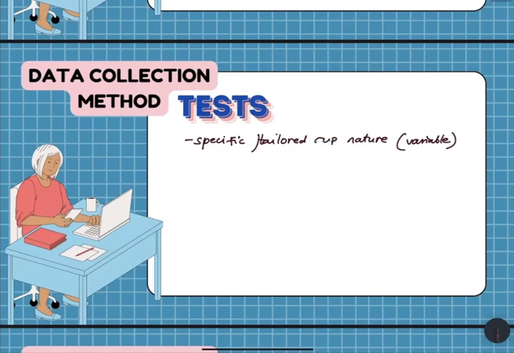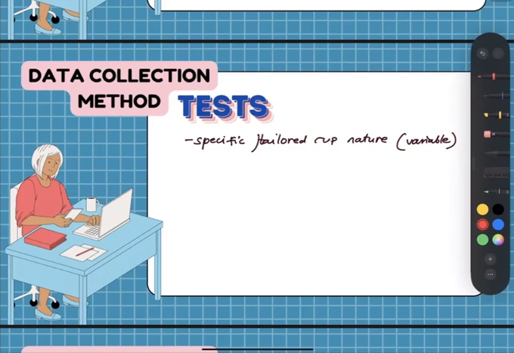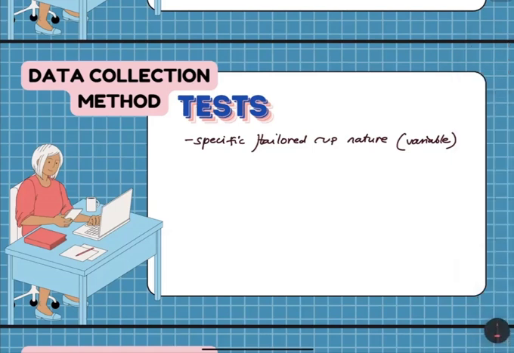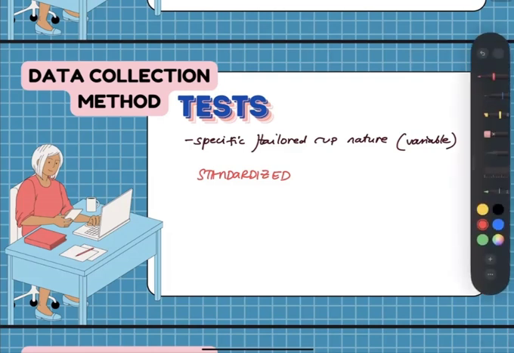So we have to take note that tests are not the same. There are several different types of tests, but actually there's only two. So first we have your standardized test. Your standardized test, as I've mentioned a while ago, is scored uniformly. So there is uniform scoring, okay?